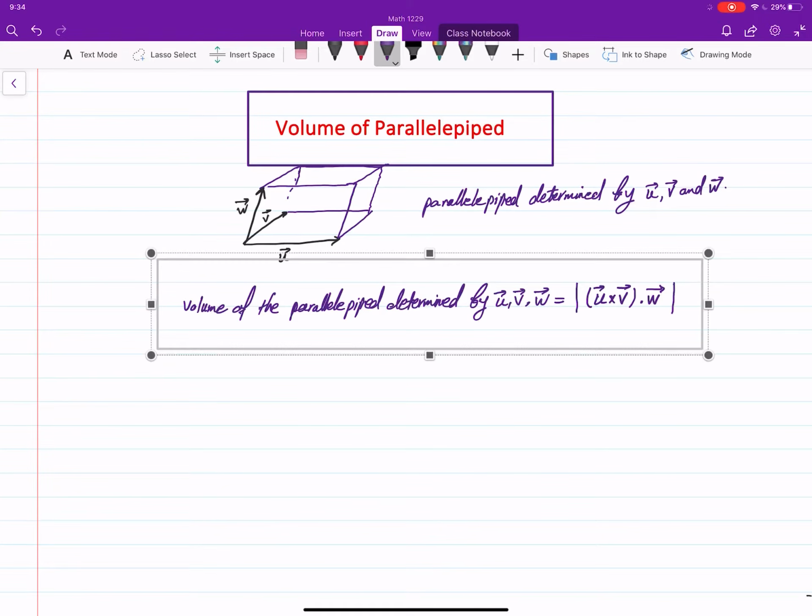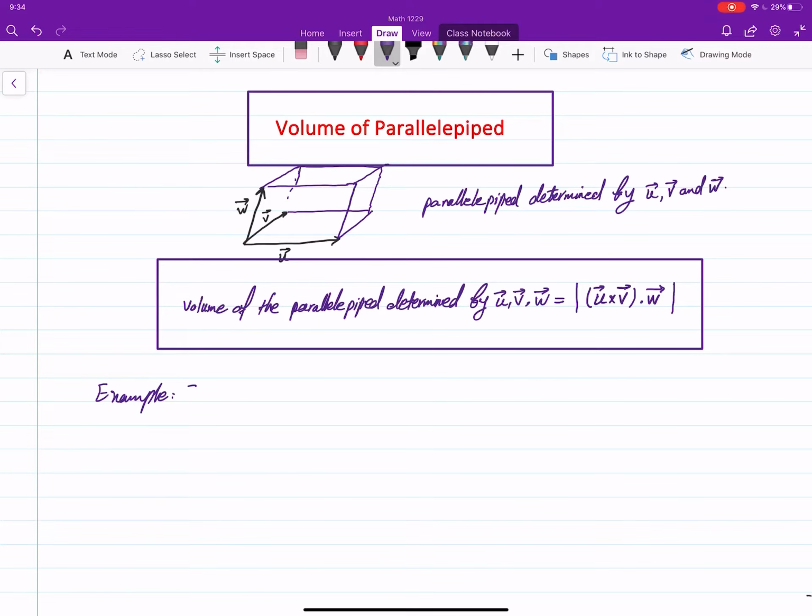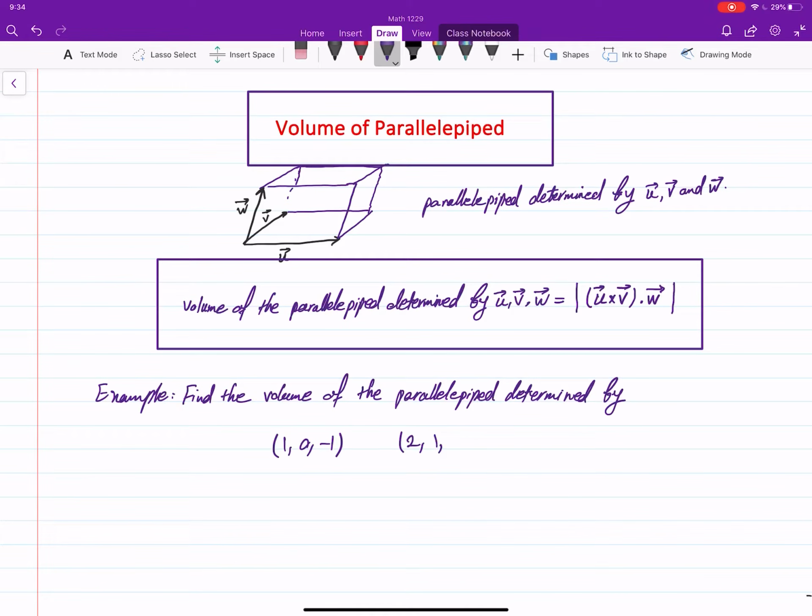So let's just do an example. Find the volume of the parallelepiped determined by these three vectors: 1, 0, -1; 2, 1, 3; and -1, 1, 2.